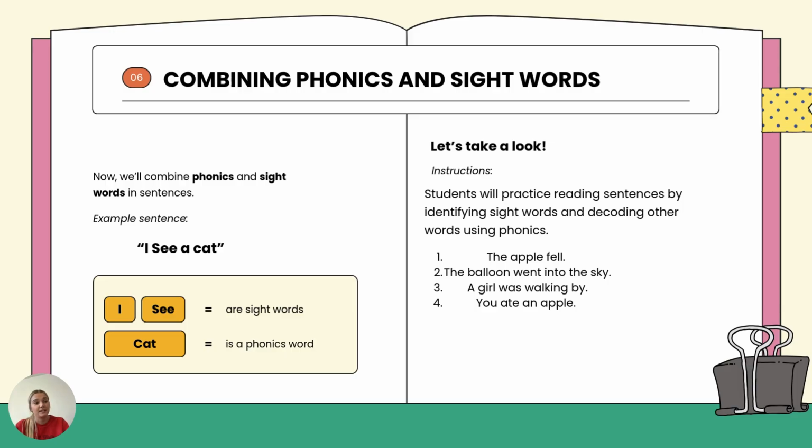That one's a little tricky. So that one doesn't have a phonics word. It just has a sight word, and the sight word was A. Can you do number 4 for me? You ate an apple. Great job. You said that the phonics word was apple and that the sight word was you.